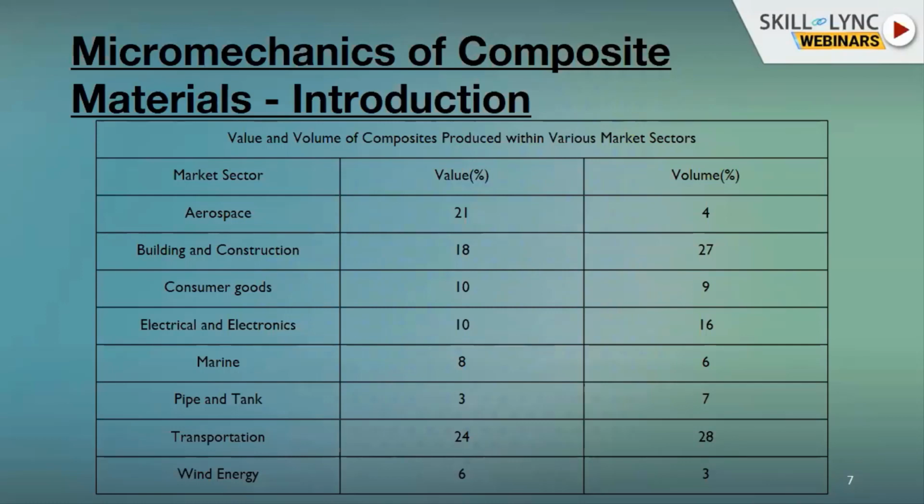Similarly, in marine, pipe and tank, transportation and wind energy, you can see that a good amount of composite materials are used by value and by volume. These values keep increasing as the applications of composite materials increase. Various industries are opting for lightweight composite materials as compared to traditional metals.